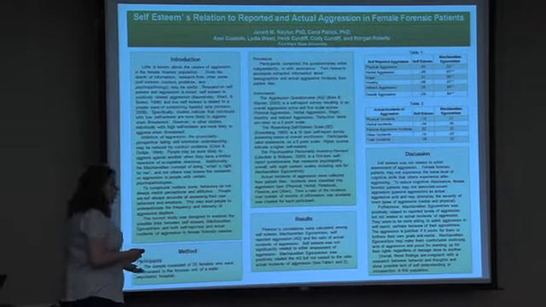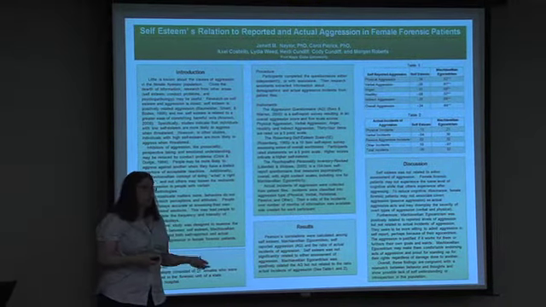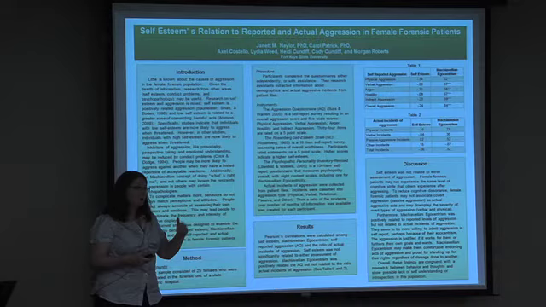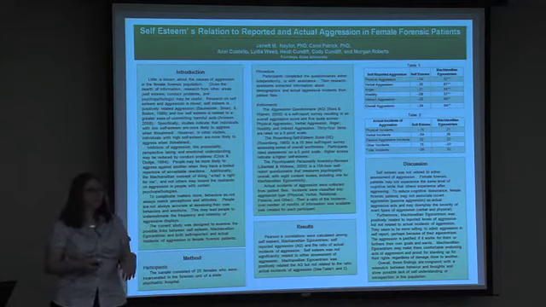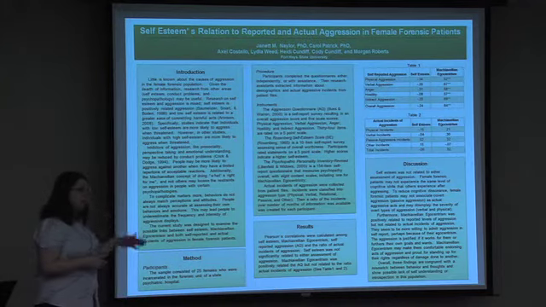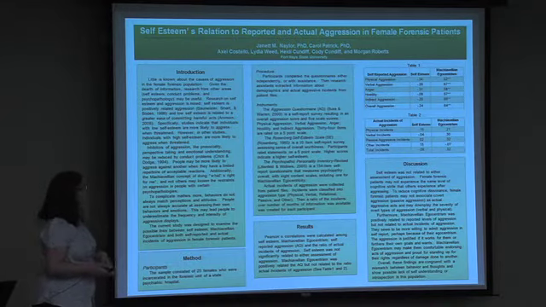So do those reported incidences of aggression actually map onto what really occurred at the facility? So when they had to fill out incident reports and things like that. So again, capitalizing, I guess I should say, on the idea that we spent years doing this project, we're going to get all the bang for our buck on this one.